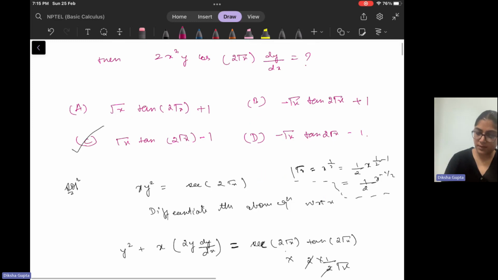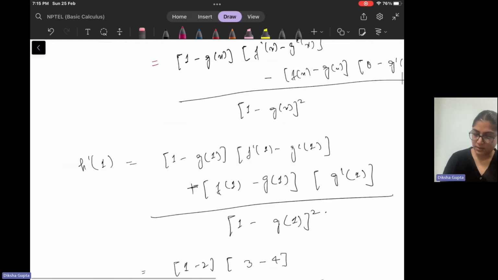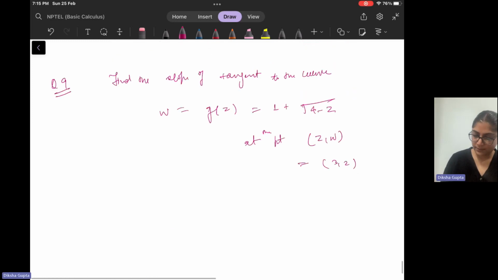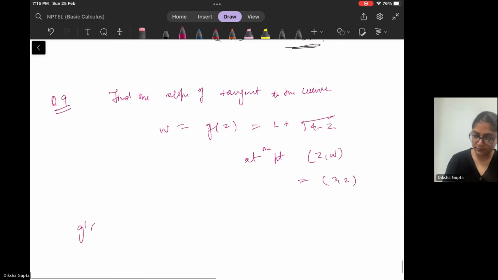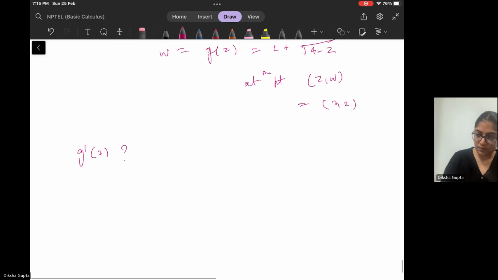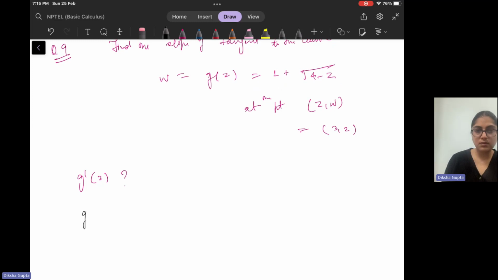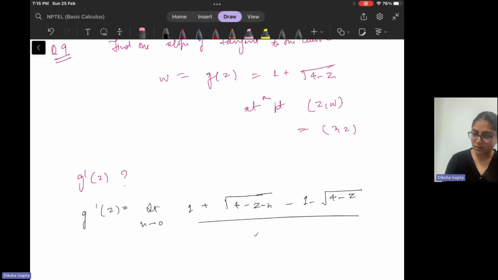So you have to find g dash z to find the slope. So g dash z by definition will be limit h tending to 0, 1 plus under root 4 minus z minus h minus 1 minus under root 4 minus z upon h.